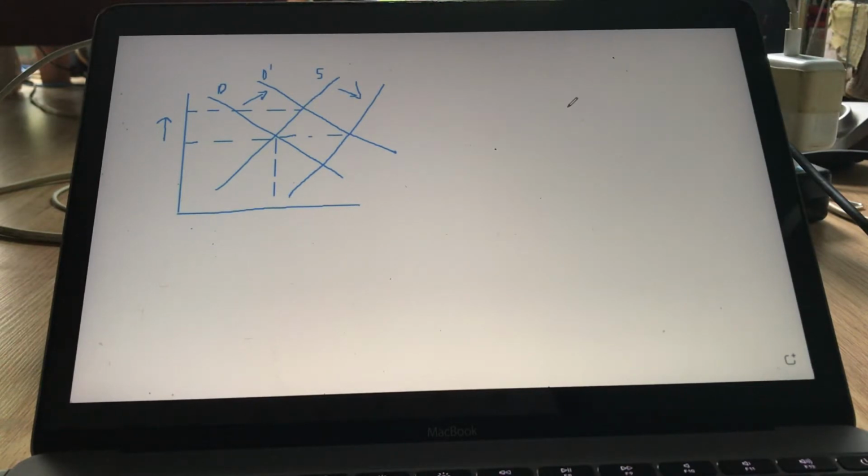Okay, and what happened to the economy? They will receive VND from the economy. What happened to the economy? The monetary base will decrease.